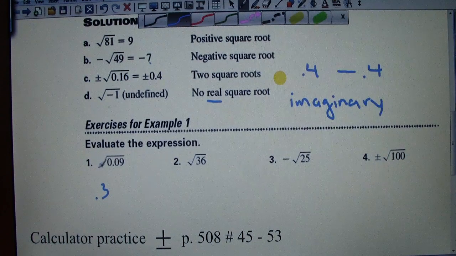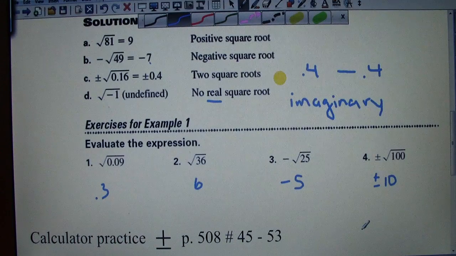And notice that it has a positive, there's no negative symbol in here. So this is indicating a positive or a primary root, 3/10. Here's another positive root. So the square root of 36 is just +6. The negative square root of 25 is -5. And the positive and negative square root of 100, plus or minus, that would be 10.